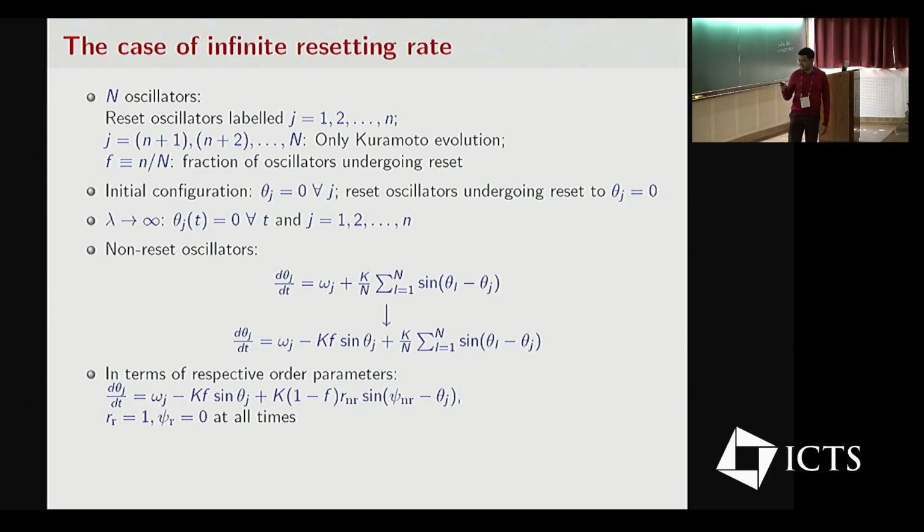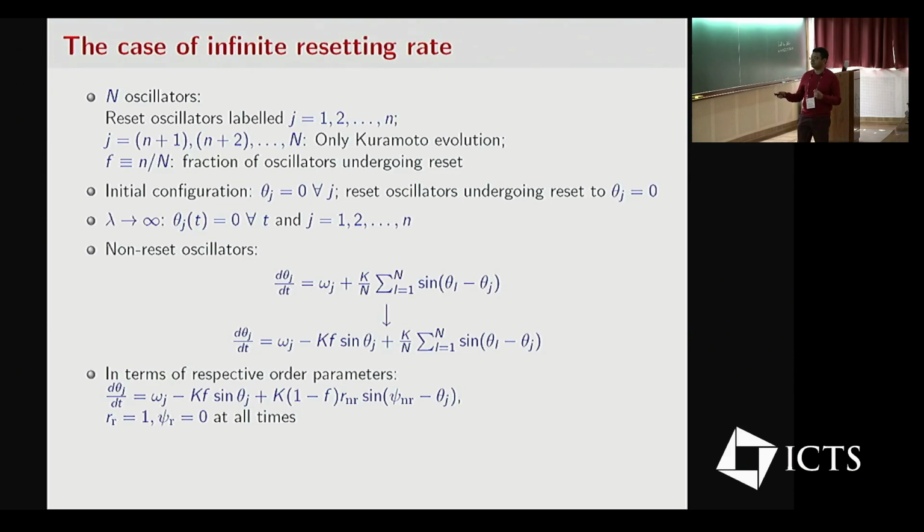This was the original equation, and since I am resetting only a part of it all the time, you may think of this resetting part as having degrees of freedom whose values are frozen in time. That introduces in the non-reset part of the system an effective on-site field, which is like this. And so you can write down the equation of motion for the non-reset part of the system in this manner.